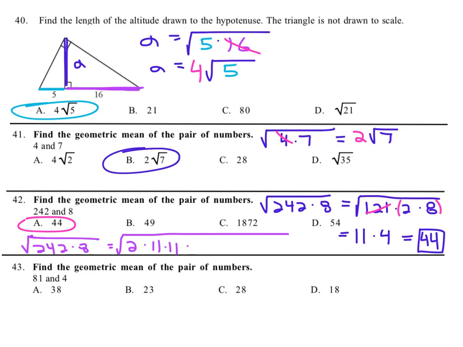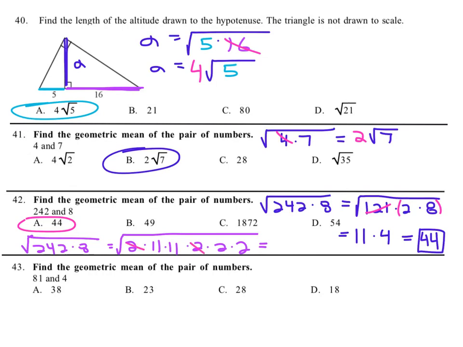And if you broke down the 8, it's just 2 times 2 times 2. And what do we do now? Well, let's look for pairs.